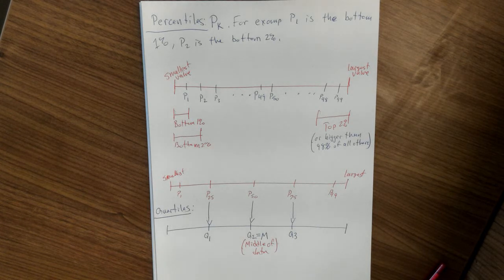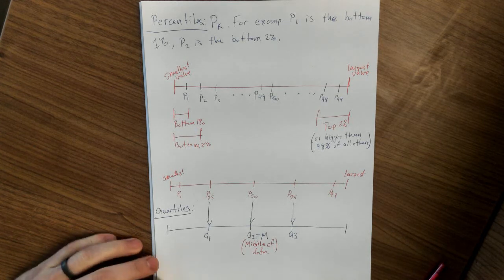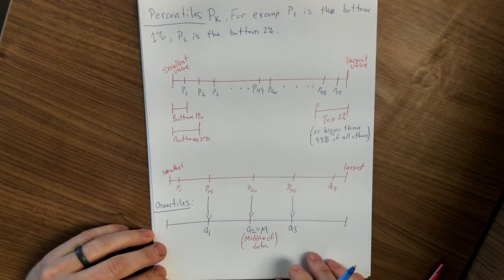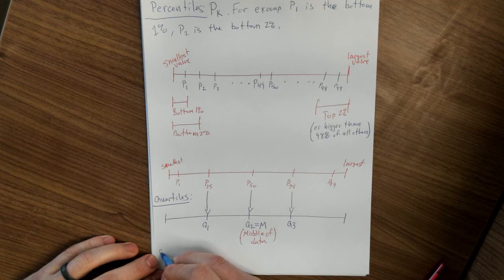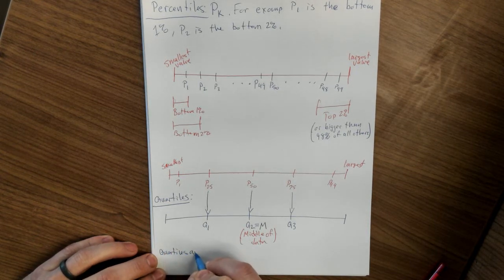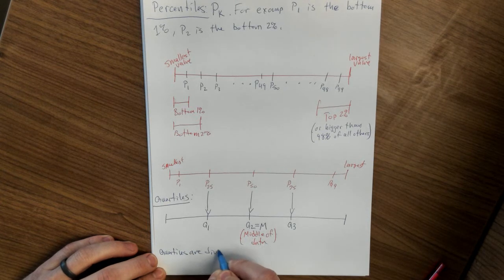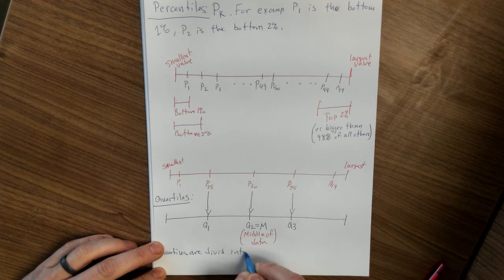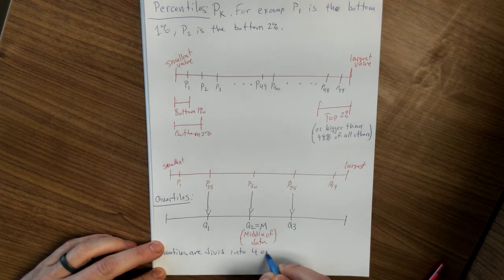They're divided into equal parts, 4 equal parts. So I'm going to write that down here at the bottom. Quartiles are divided into 4 equal parts.